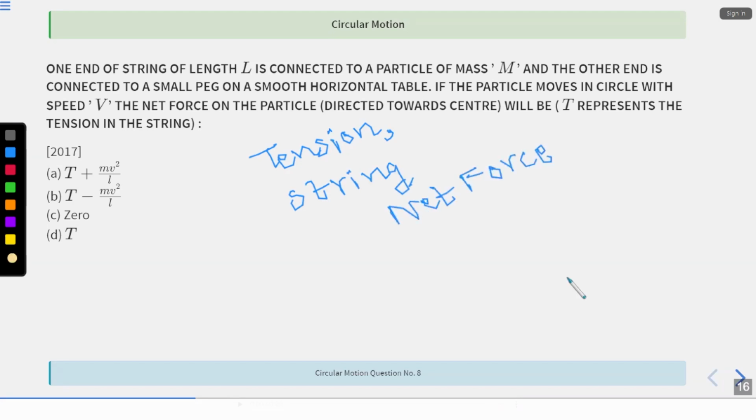Okay. So first of all, net force on a particle in uniform circular motion is basically the centripetal force, and that is always mv square by L. Okay, it's a uniform circular motion, right? Let's just say this is the body, and this here is a string, right?